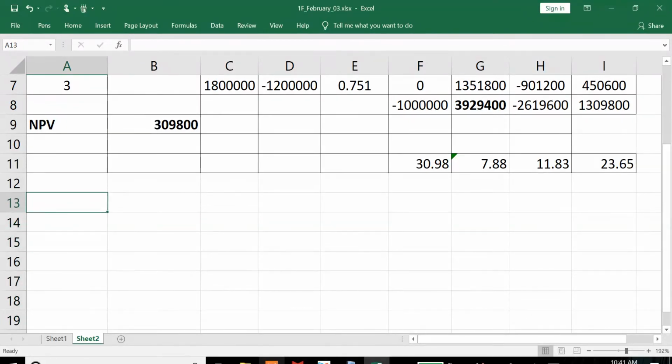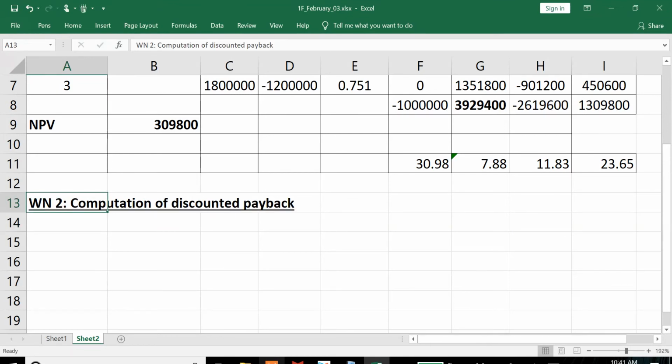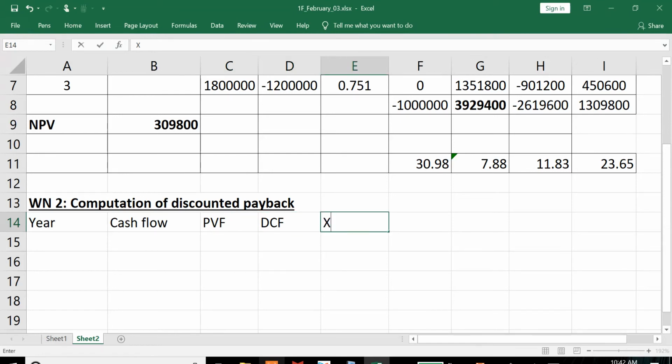Working note 2, computation of discounted payback. Year, cash flow. No separate columns and all, we'll have to combine everything.